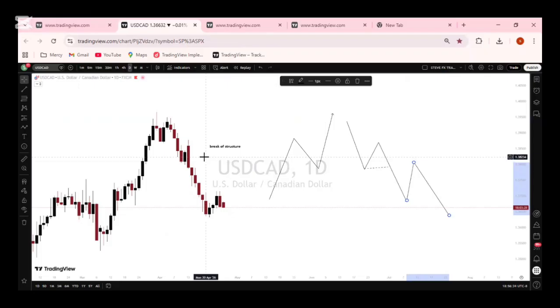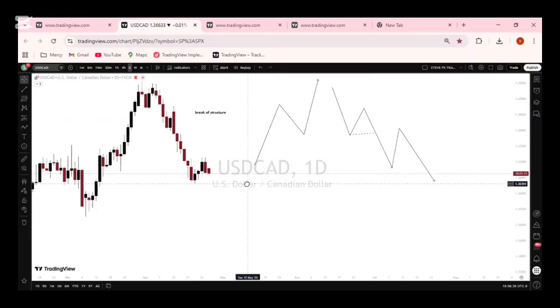Next, we have a shift in market structure.